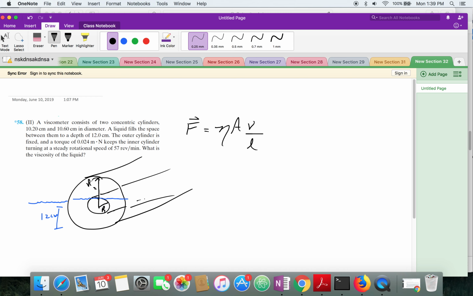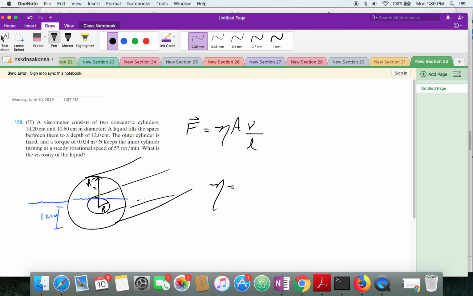So you can see here there's a relationship. This is the viscosity equation. It says that the force is equal to eta, the Greek letter that's basically viscosity, times the area, times a velocity over the length that it's acting over. But we're given a torque. So we want the viscosity. So first let's solve for eta.